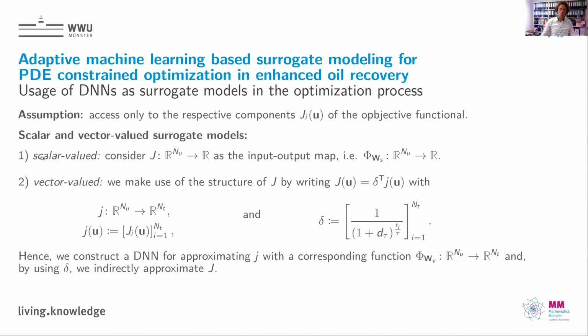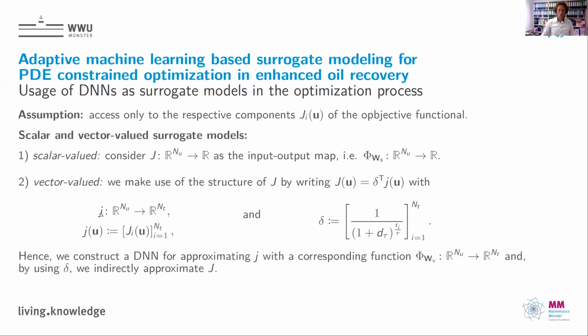So what you do here is either you want to construct a machine learning model, so a deep neural network, for instance, to approximate a mapping where the control rates are directly mapped to the value of the overall objective functional, or a little bit more sophisticated is this vector valued case, where you use the structure of your objective functional because you can write it as a scalar product of a vector of weights times a vector of contributions that are added with these weights to give the overall objective functional.